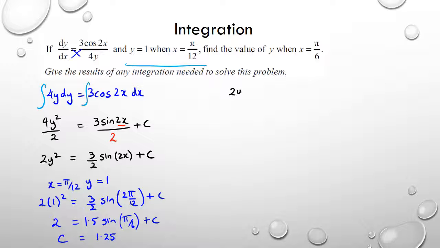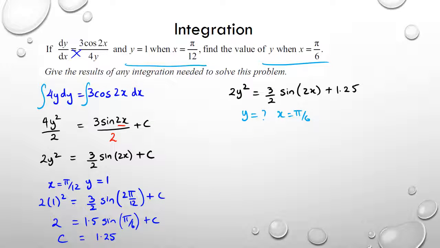So now I have my equation. My equation is 2y squared equals 3 over 2 sine 2x plus c. Well, I already figured out what c is, which is 1.25. So there we go. Now I'm trying to figure out what y is, because this is what it's asking: what is y when x equals pi over 6?